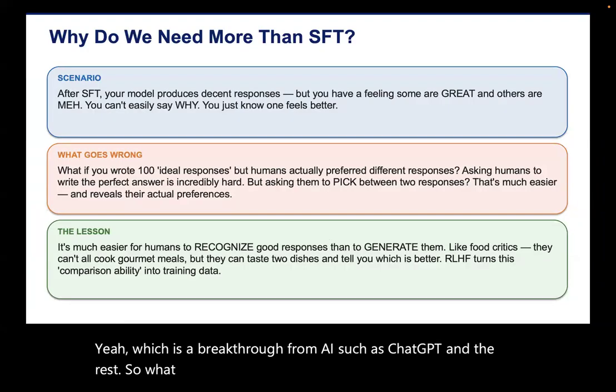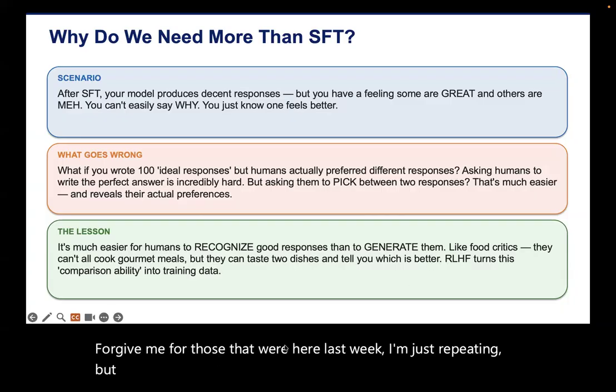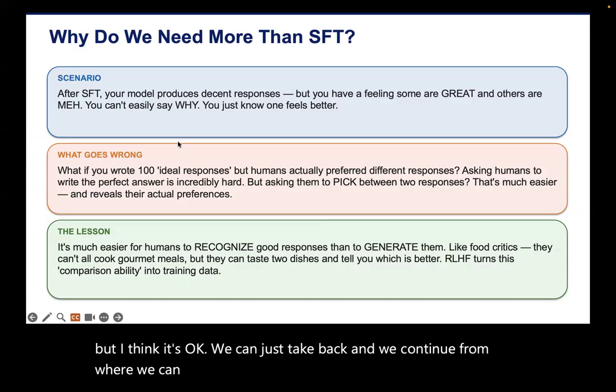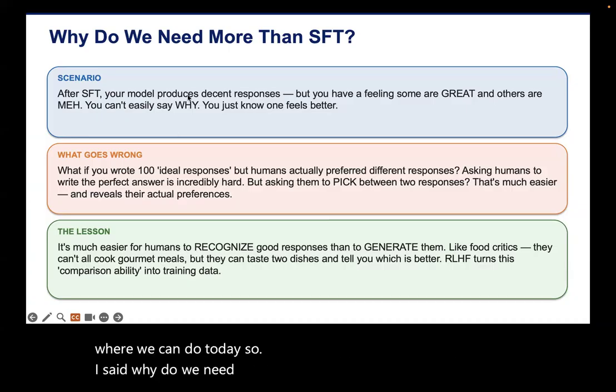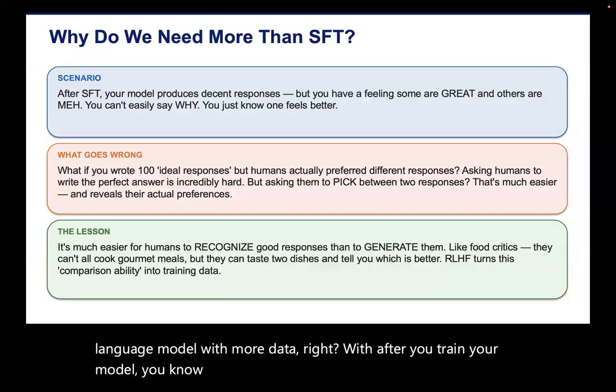Forgive me for those that were here last week. I'm just repeating, but I think it's okay. We can just take it back and continue from where we stopped today. So I said, why do we need more than SFT? You fine tune your language model with more data, right? After you train your model, you do SFT, right?